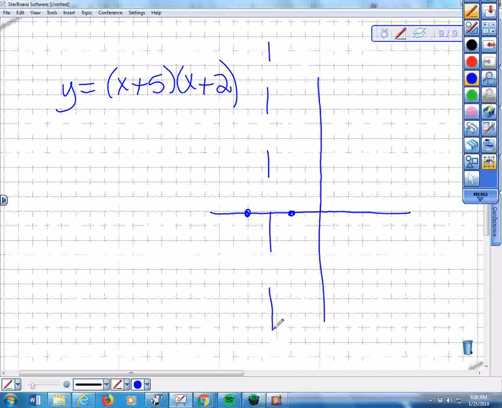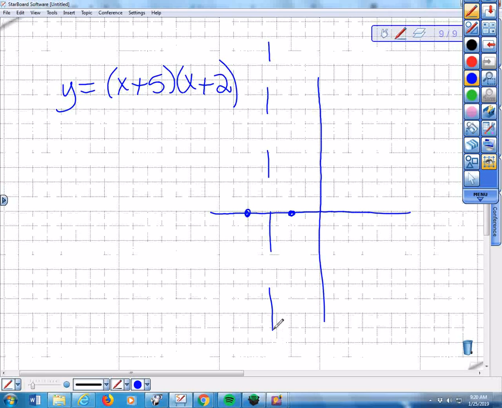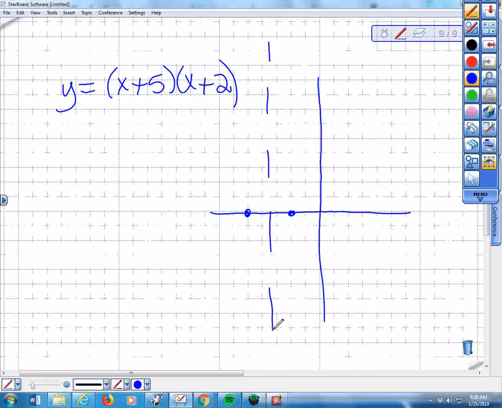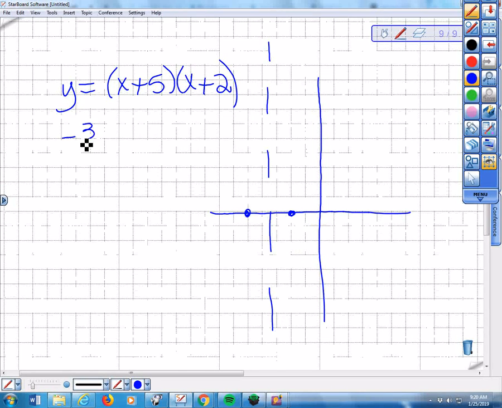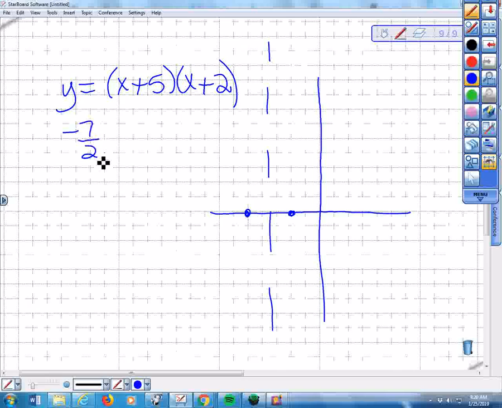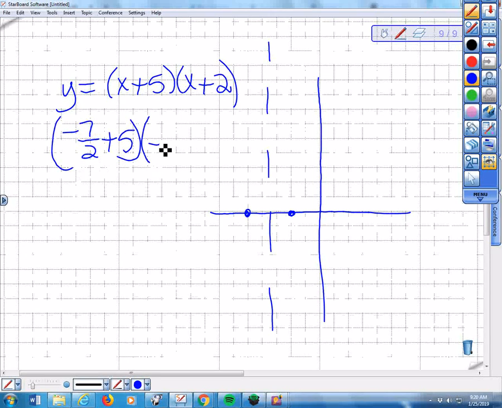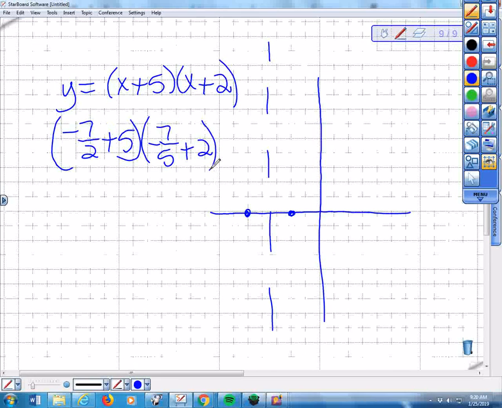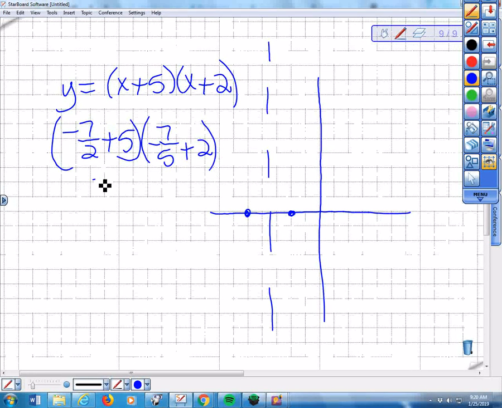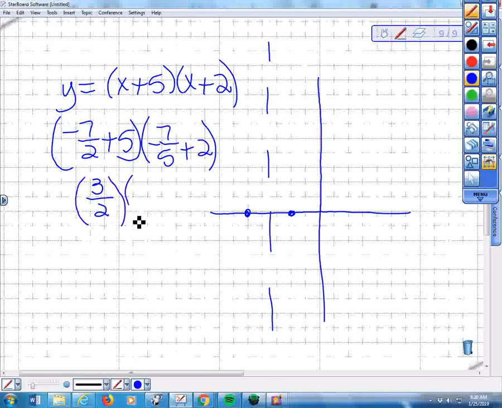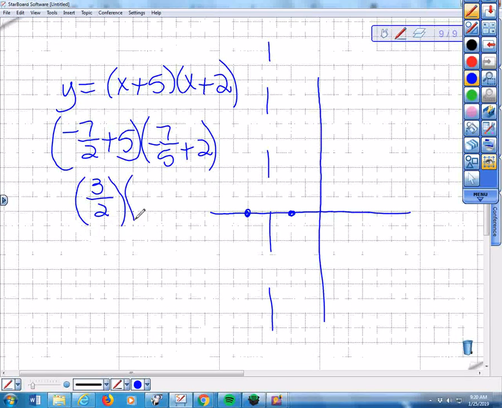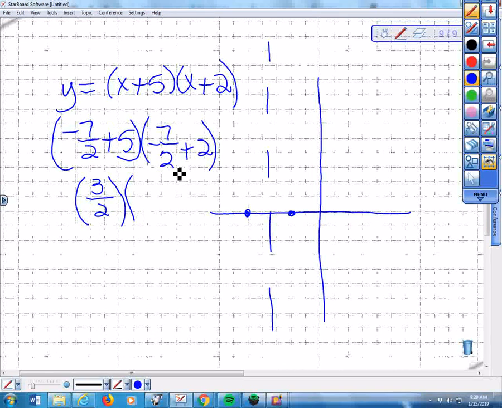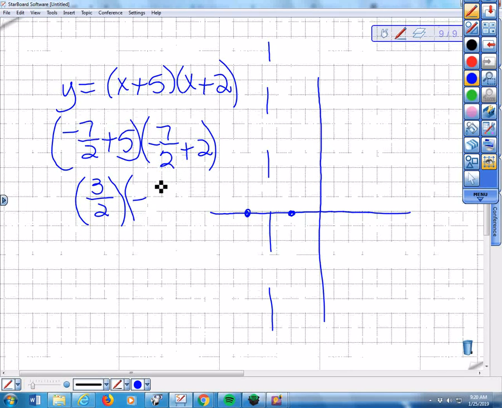Okay? So I know the x-coordinate of my vertex is -3.5, but I don't know the y. So I'm going to plug in -3.5. Let's make it -7/2, in for x and solve for y. -7/2 plus 10/2, and -7/2 plus 4/2 is -3/2.